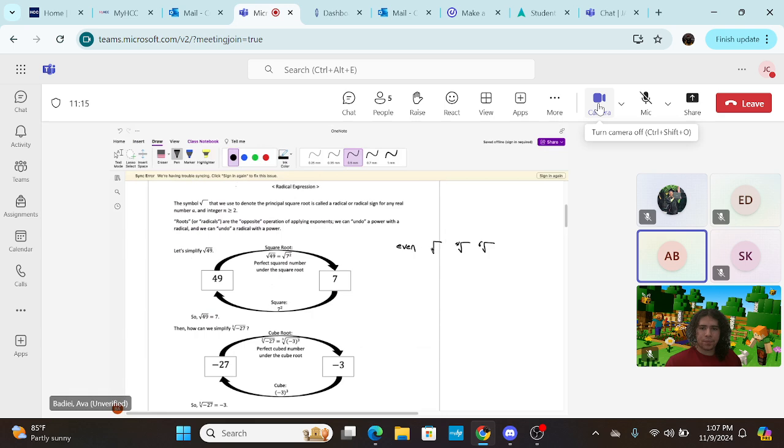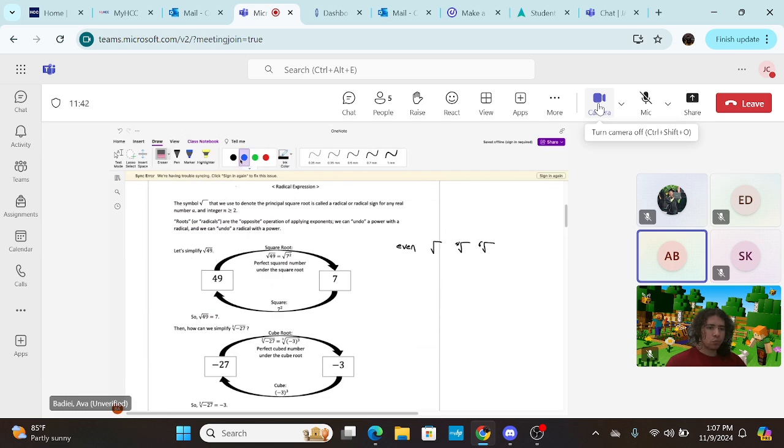In cases of even indexes, you can't have a negative radicand. So for example, if I'm having a square root of negative 49, this one is not going to have a real answer. You can do something with imaginary numbers, but it will not be a real answer. So the radicand cannot be negative, and also your answer cannot be negative.